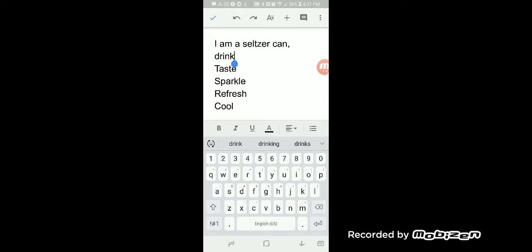So once you have those verbs, you create participle phrases by adding -ing. I am a seltzer can. Tasting like household cleaners, because some people think it tastes like household cleaners.